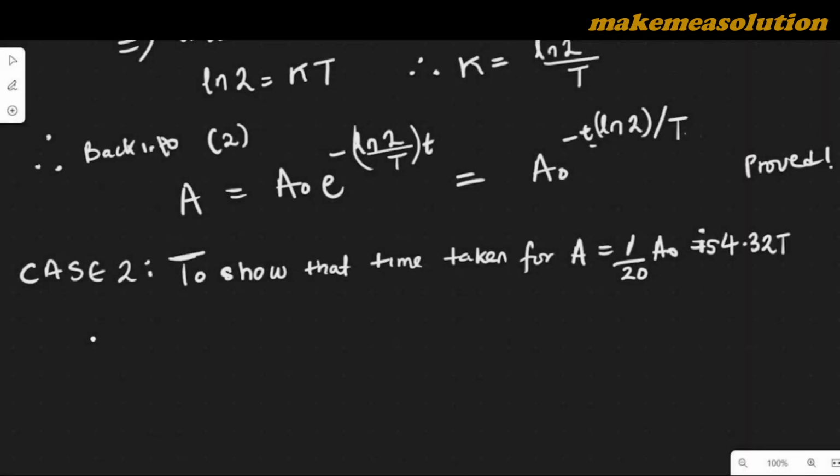Okay, we want to show that the time taken for A to be 1/20 of A naught, or a 20th of the original amount, is 4.32 T. We already know that A is equal to A naught exponential minus ln 2 over T, then t, like this.